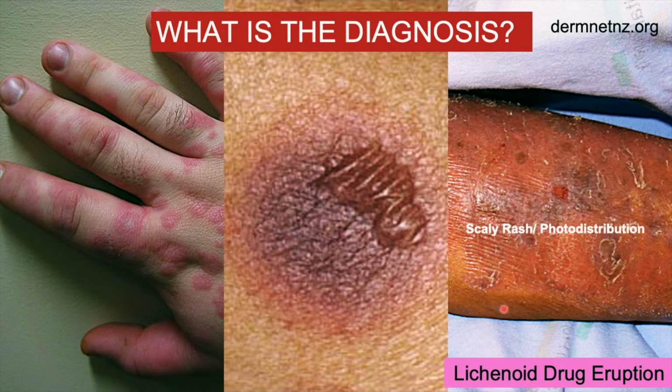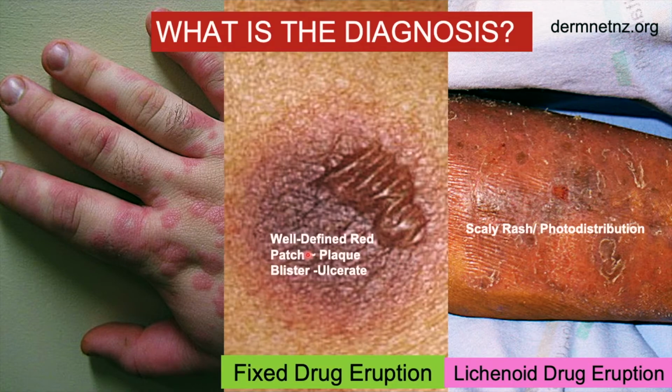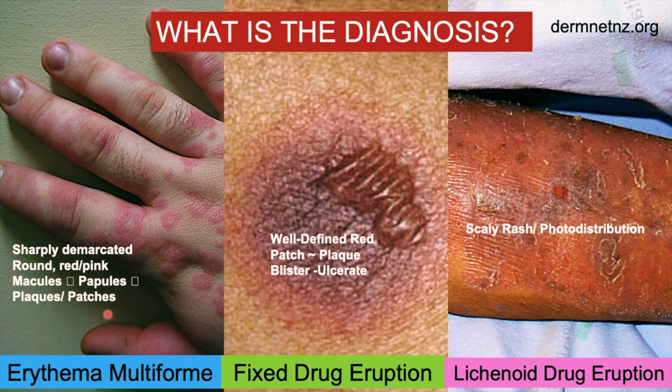The first one is the lichenoid drug eruption, where we see scaly rash in a photodistribution area, and the fixed drug eruption, where we see well-defined red patches or plaques in addition to blister or ulceration. And the last one is erythema multiforme, where we see sharply demarcated lesions that have the target sign, sometimes macules or papules, or sometimes larger plaques or patches.